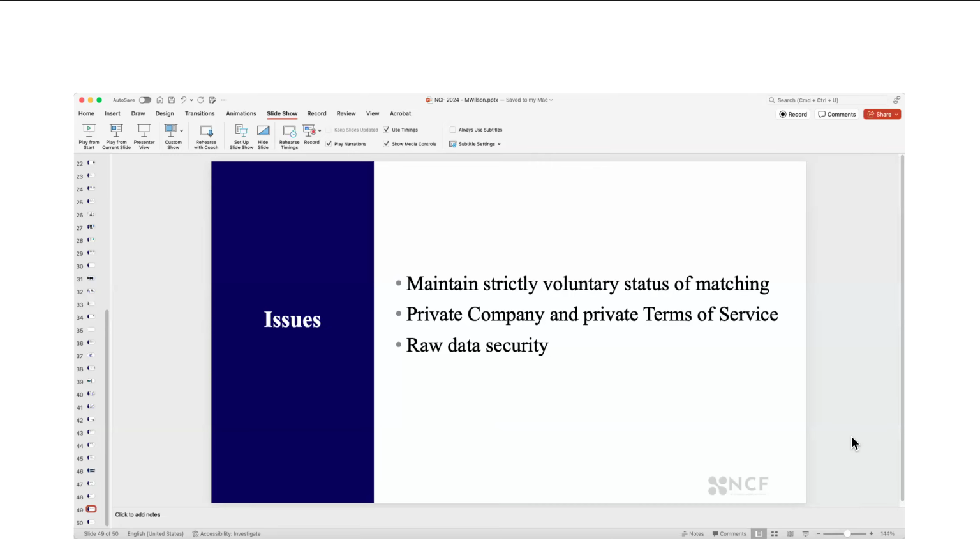But the database uploads to GEDmatch and Family Tree are still private companies. So even the FBI, a publicly funded crime lab, has to abide by the private terms of service. This is important because there have been allegations of some uploads into these databases outside of the terms of service, and that could be problematic in the long run.